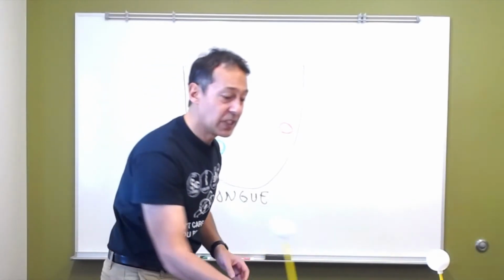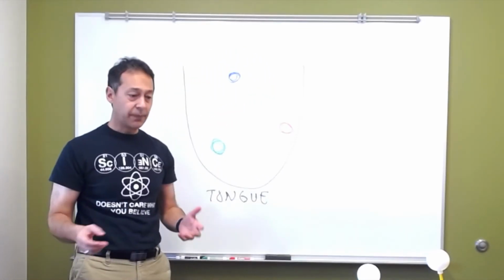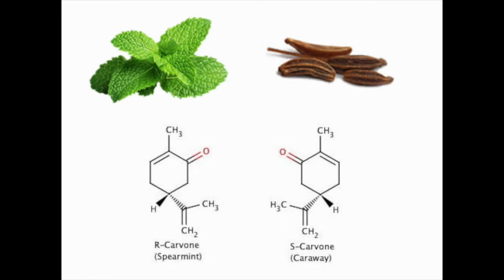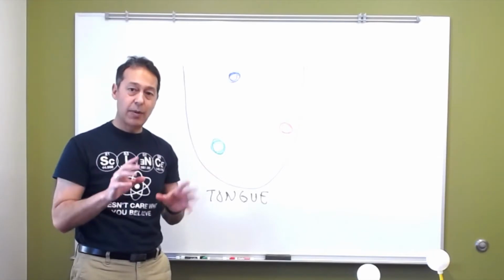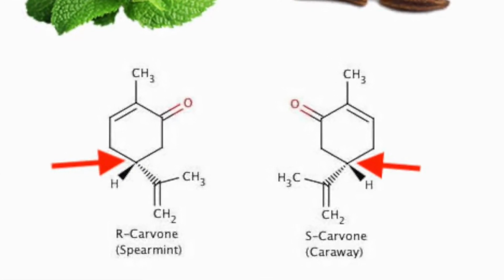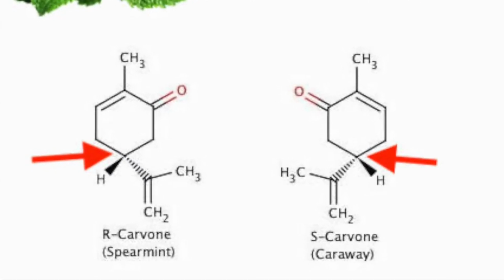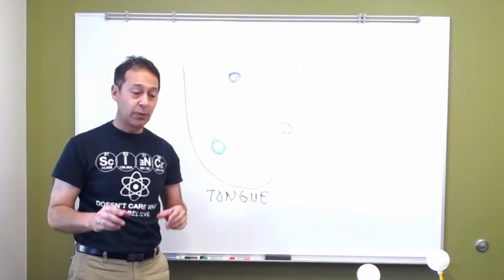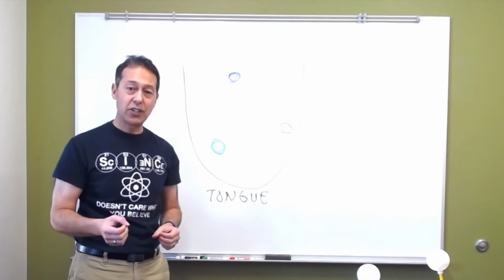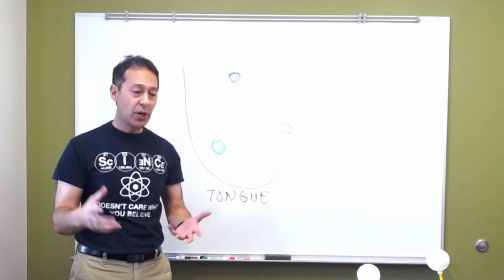A couple of examples of this would be caraway and spearmint. We have two molecules here, and they look very much the same. But we have a carbon atom here and here that have four unique things coming off of it. And that means that these two molecules are different. They look very similar, but they are different. And so when these land on your tongue, one tastes like caraway, the other tastes like spearmint.